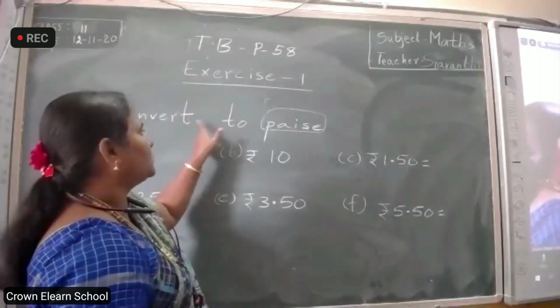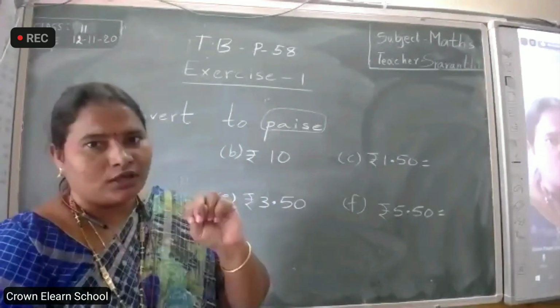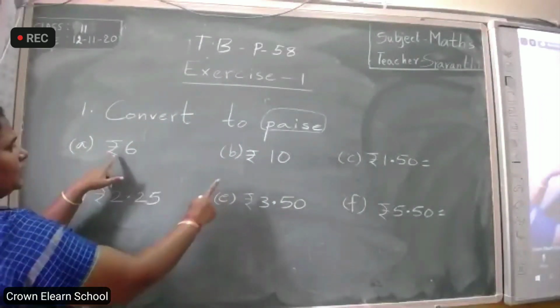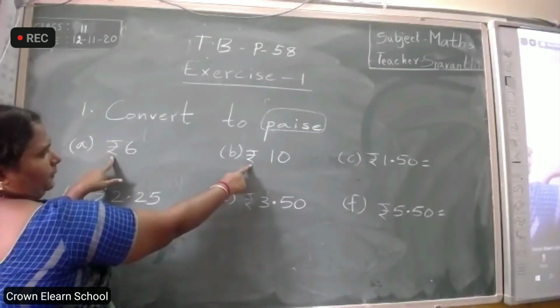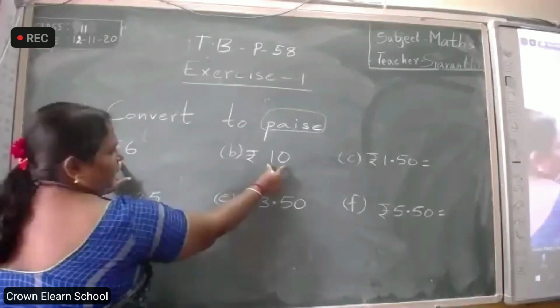Here to convert to paise, we have 2 types of sums. Observe these two. See, rupees and rupees, the first 2 sums. Only rupees are there.